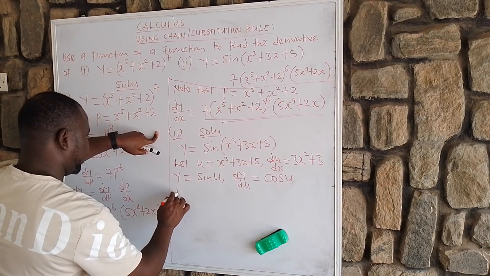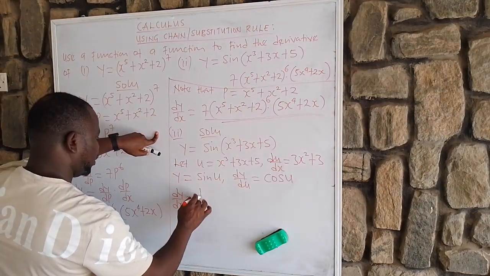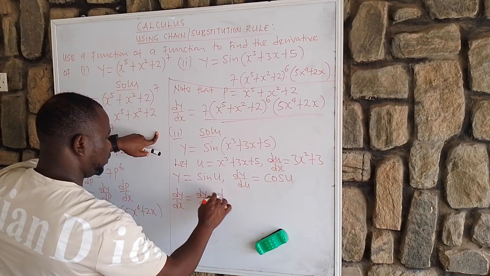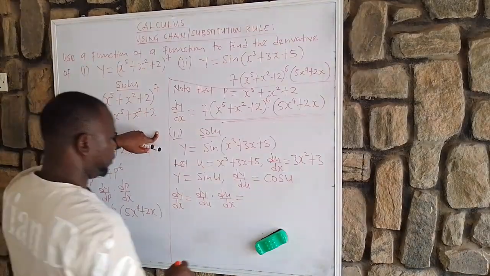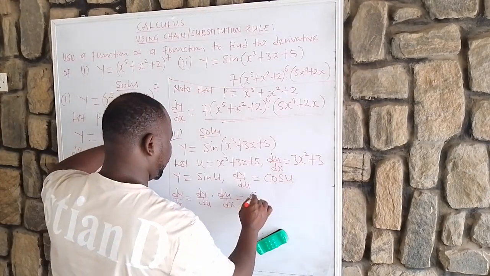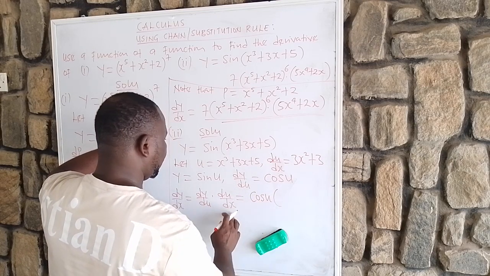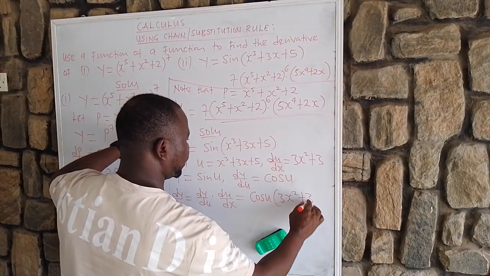So therefore our dy over dx will be equal to dy over du times du over dx, which is cos u times du over dx, which is 3x squared plus 3.